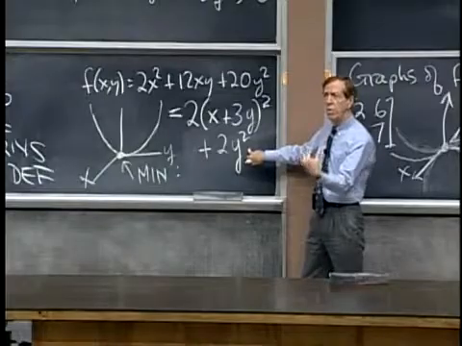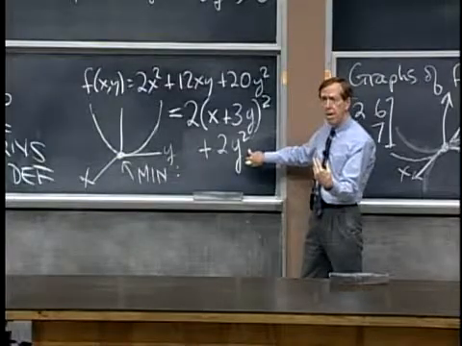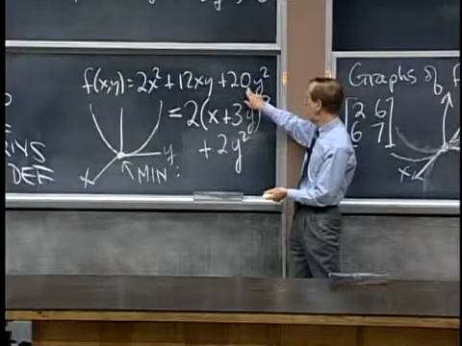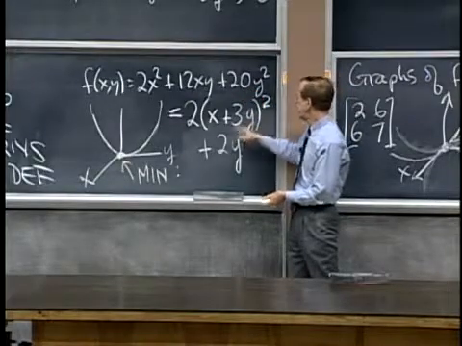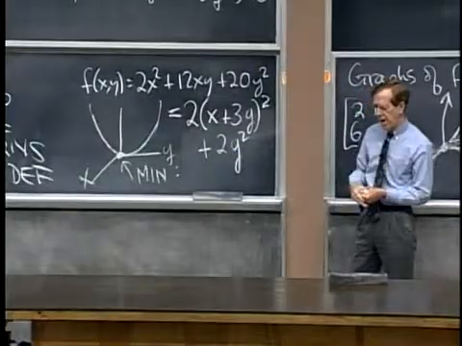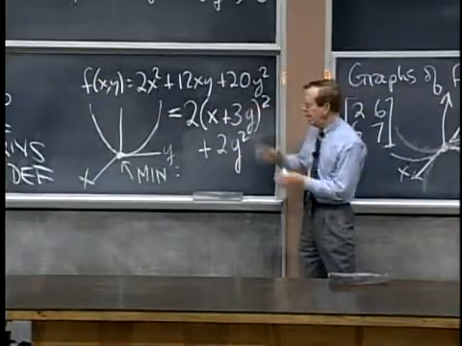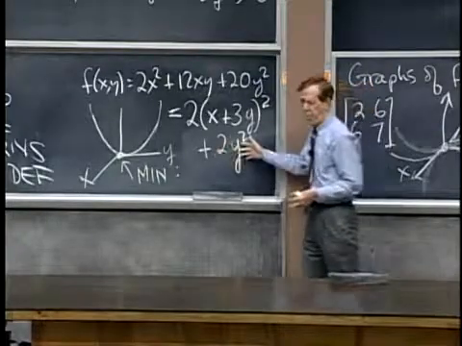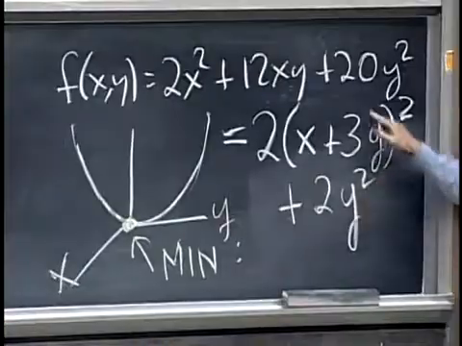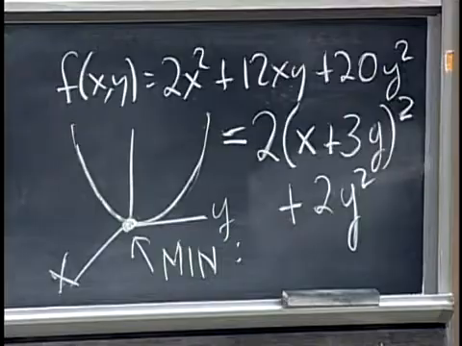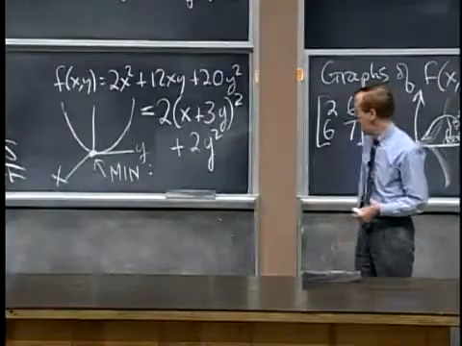I'd have to remove 11 y squareds, right? If I only had a 7 here, then when I had a 20, I had 2 more to put in. When I had an 18, which was the marginal case, I had no more to put in. When I had a 7, which was the case below 0, the indefinite case, I had minus 11.